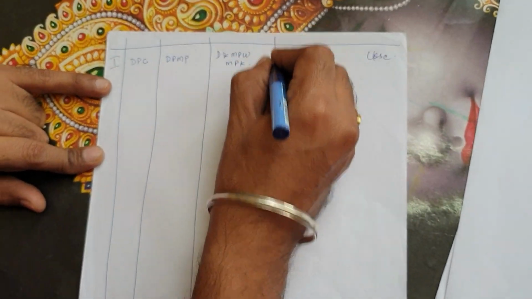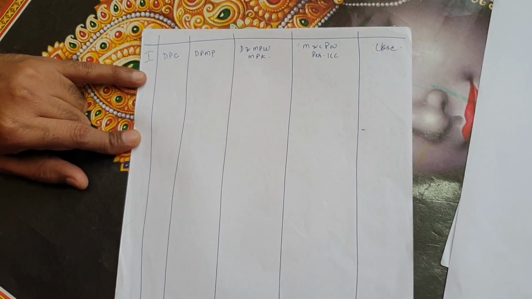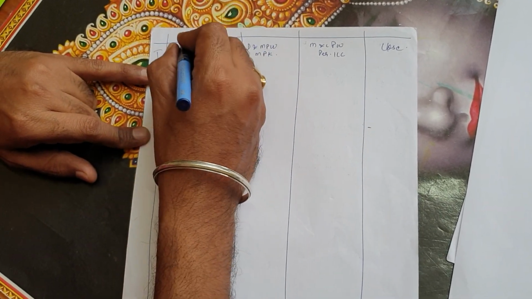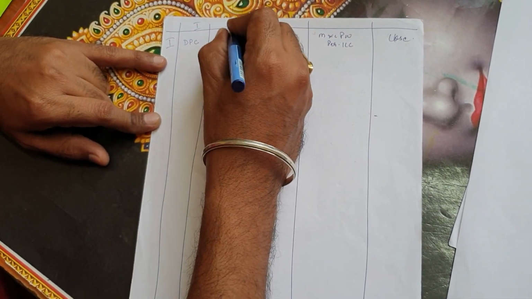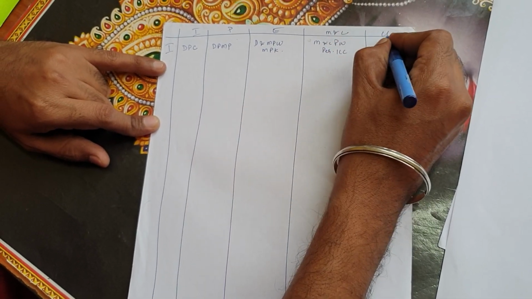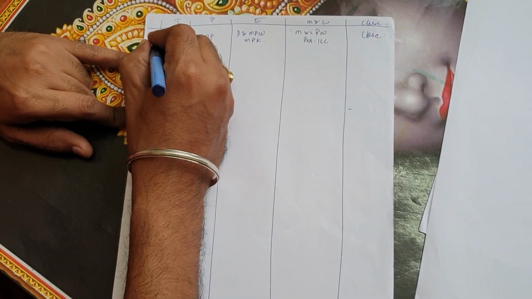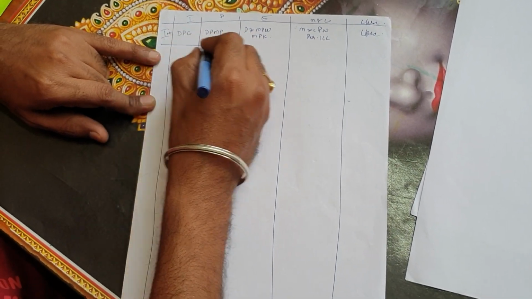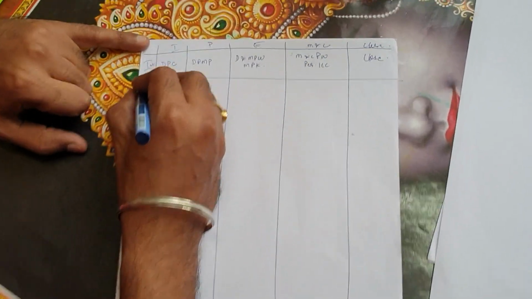So let's start drawing it. So this is your initiating, this is your planning, this is executing, monitor and control, and this is your closing. So this is your integration process, and then you move to scope.